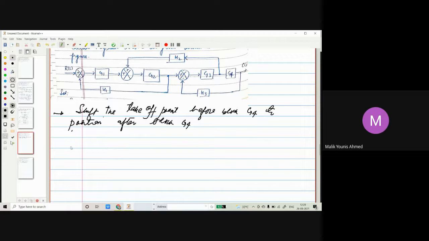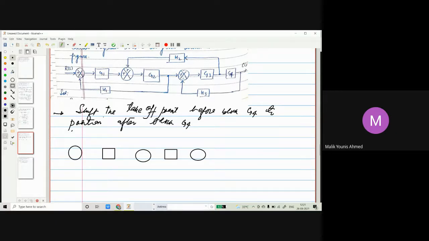So what we have here, we have summing point 1, summing point number 2, summing point number 3. Then let's have the blocks now. We have block G1 here, and another block G2 here.